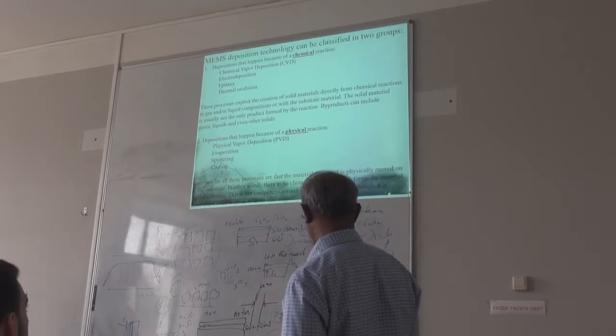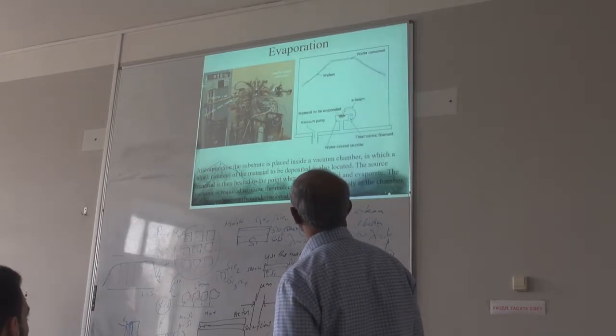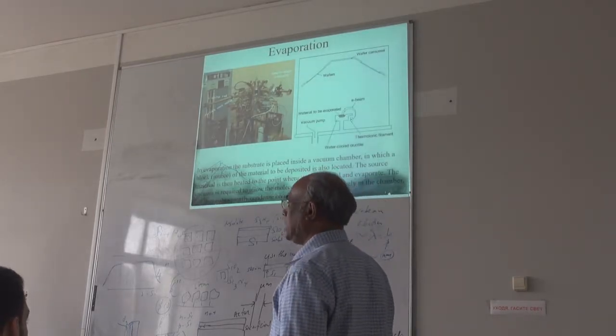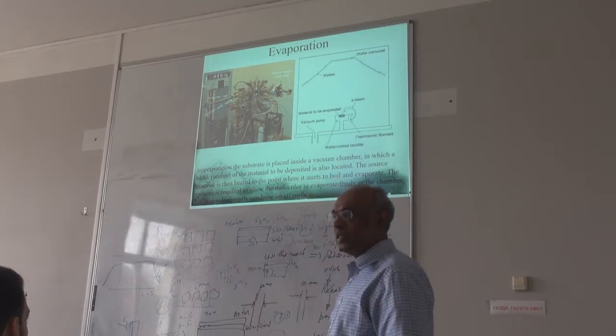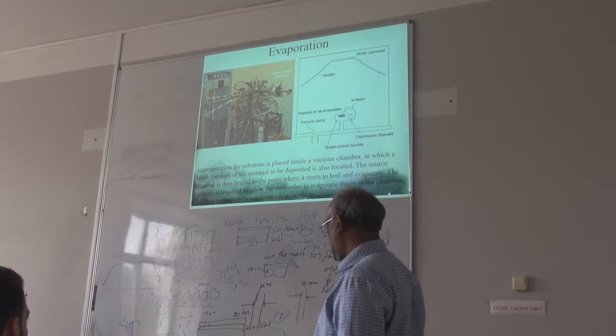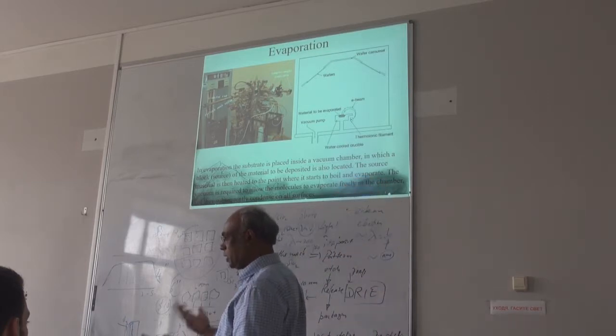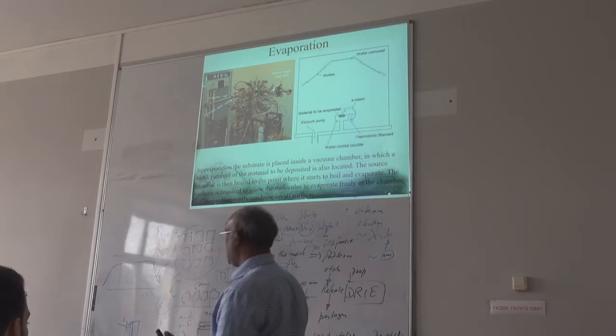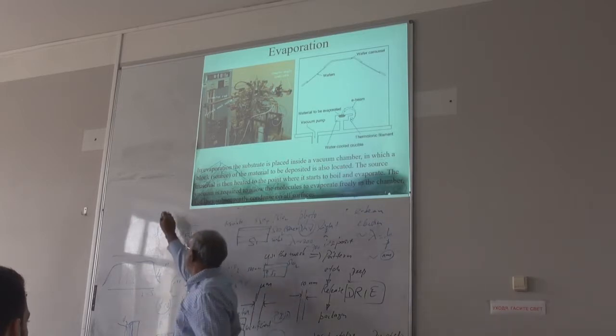Okay, so I think this is not very important. Then if you want to use metal evaporation, I think everybody is familiar with it. If you want to evaporate some metal, say gold, or if you want to make electrical connections, we mostly use gold, sometimes aluminum, sometimes even platinum.